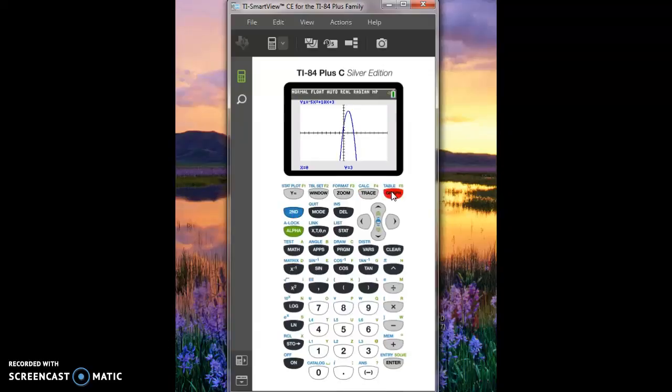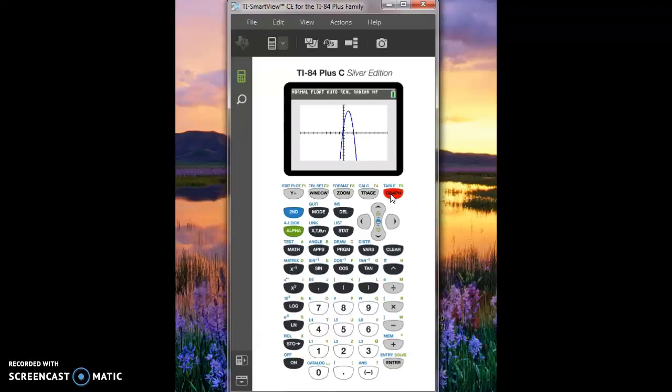Also, if you go to your table, you can see here the initial time at time 0, the height is 3 meters. So there are 3 ways that you can pick out that initial height or that starting position. If you're talking about, for instance, money or population, that's going to be your starting value.